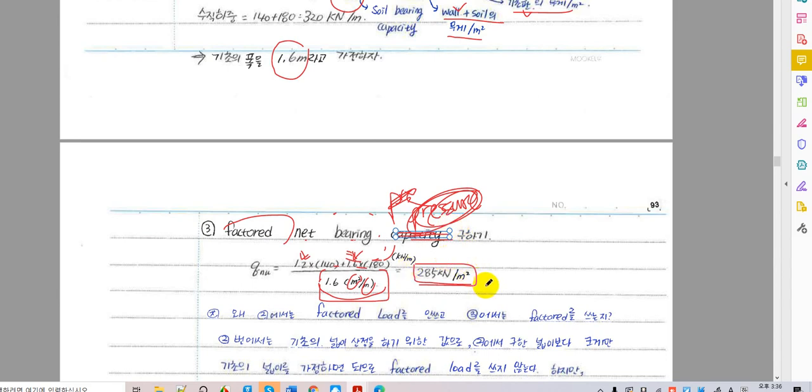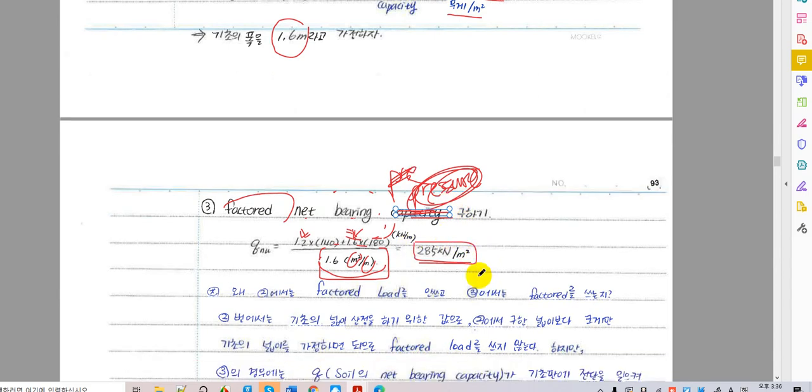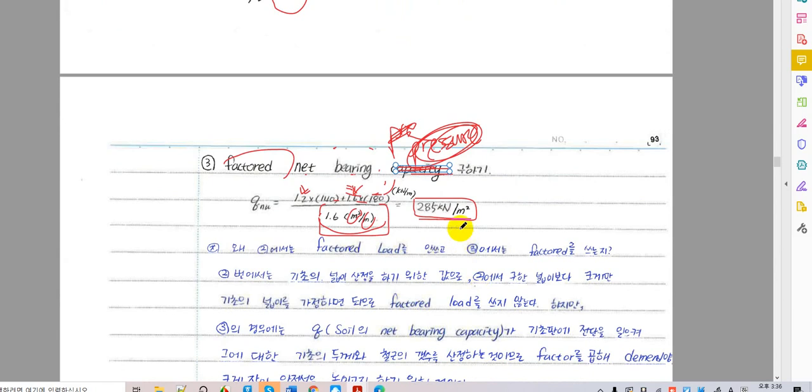This is the pressure which acts upward on the foundation, and we need to design all the rebars and concrete thickness to protect the foundation against this pressure.